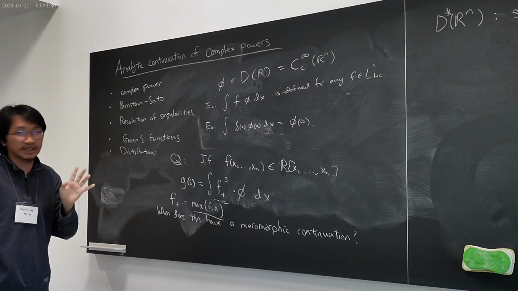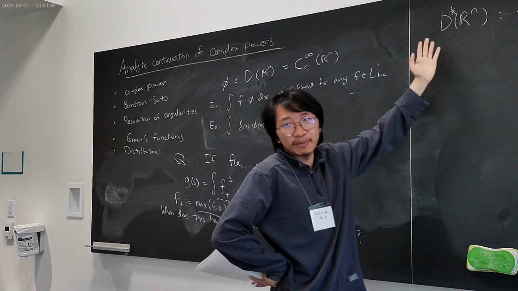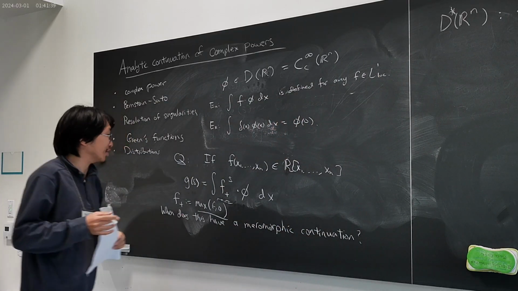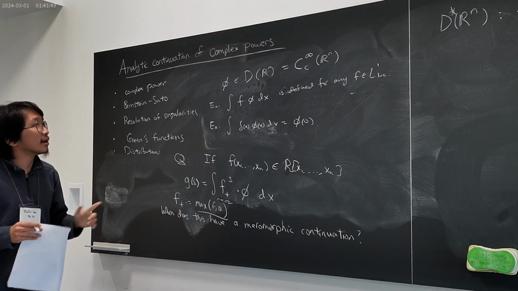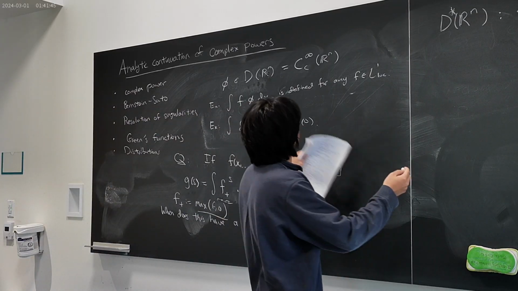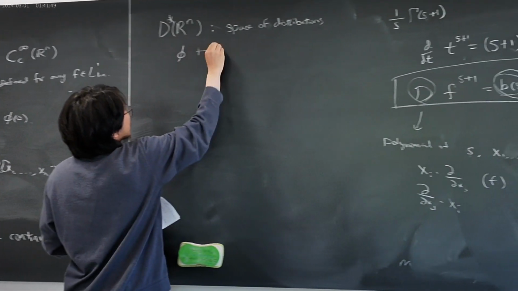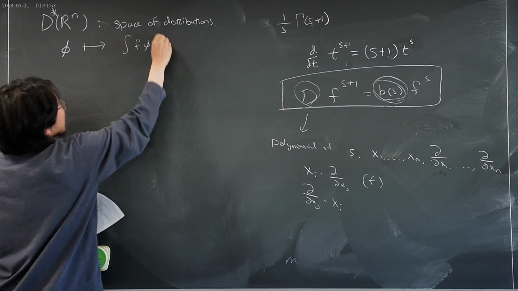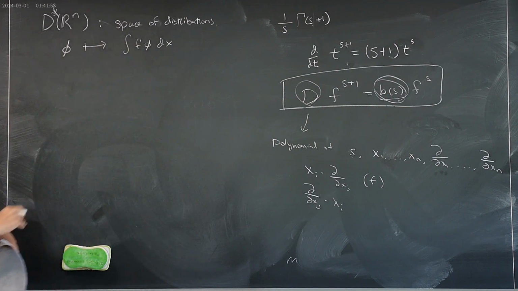But in practice, we don't need to deal with the topology very much. That also gives the topology of this, which is known as the weak star topology. Anyway, what this does is you can think of this as assigning each test function to some f phi dx, which is a linear assignment from test functions to numbers.